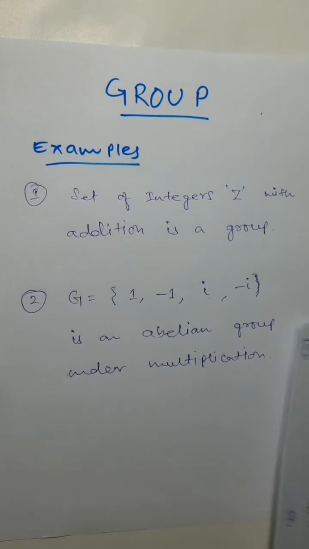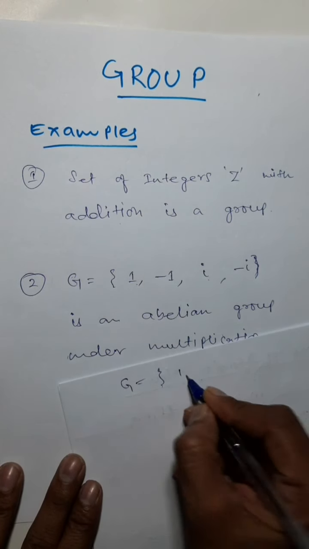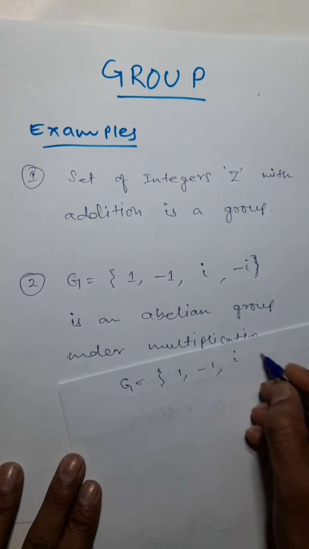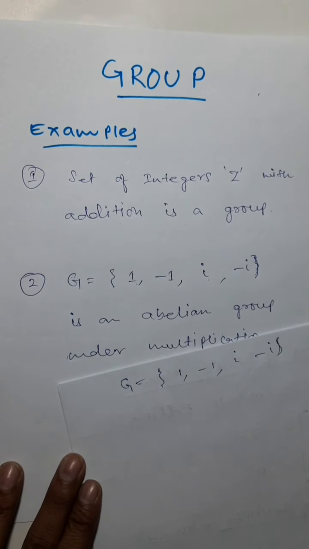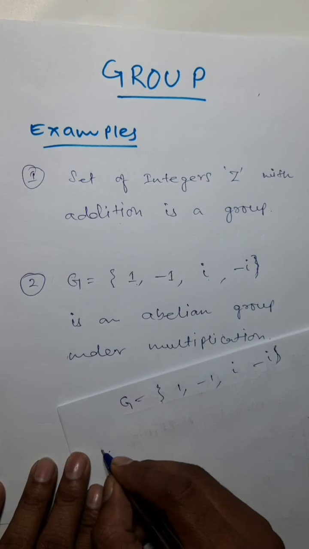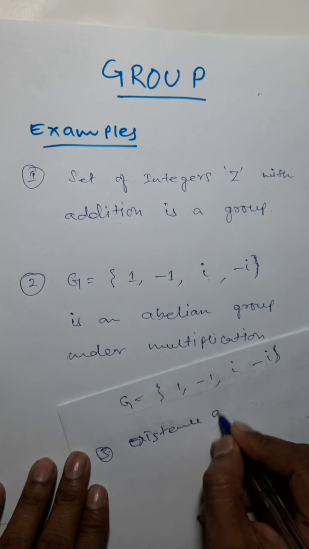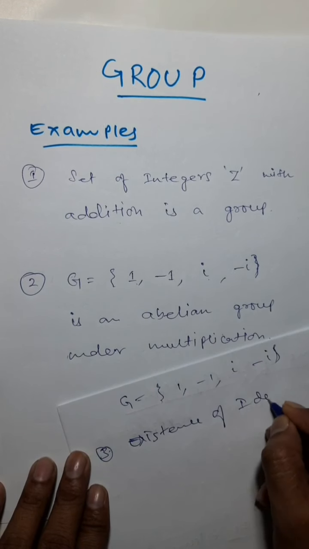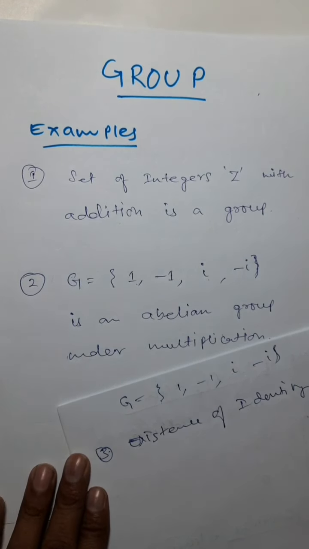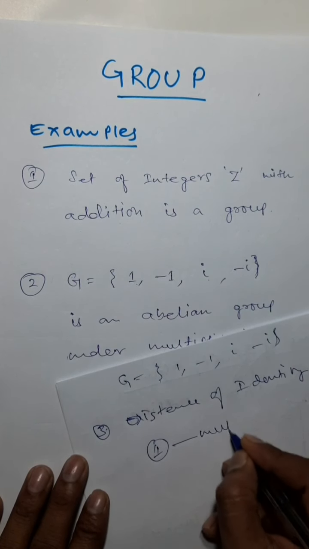And the other one is existence of identity element. So what we are having, the set G equals 1, -1, I, -I. This is a set. We have to show the third property, existence of identity element. We already know that 1 is a multiplicative identity.